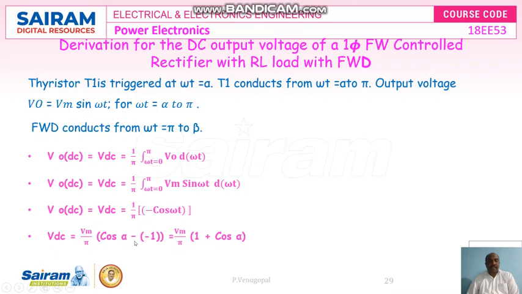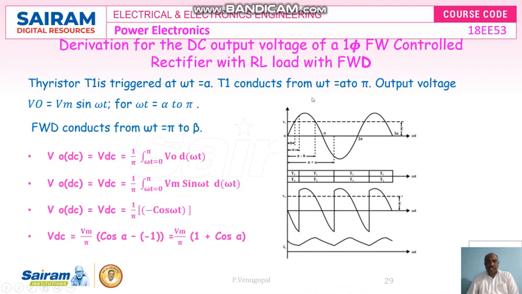Then cos alpha minus of minus 1. Then what do you get? You can substitute the lower limit and upper limit as alpha and beta, where beta is equal to pi. For a low value of inductance, you will get Vm by pi into 1 plus cos alpha as the average DC output voltage.